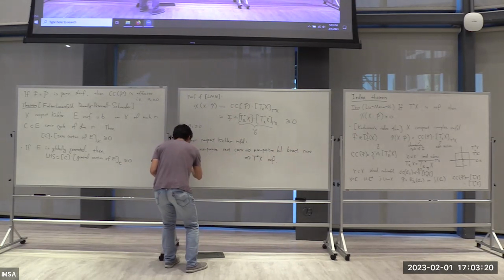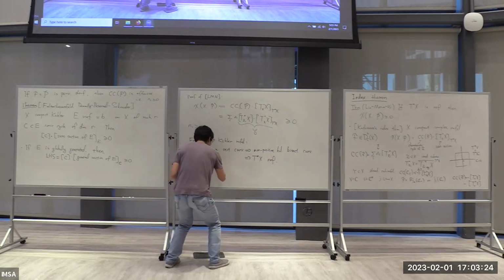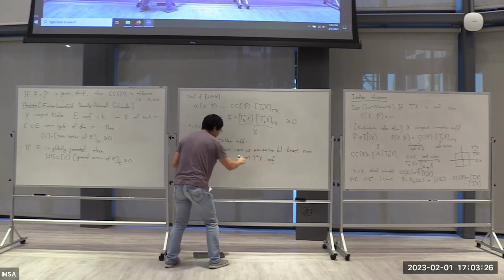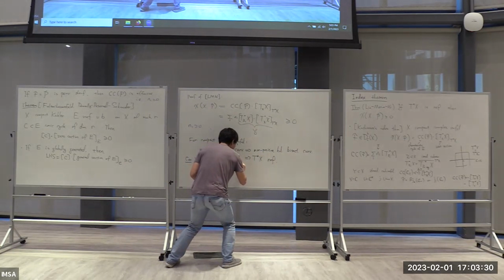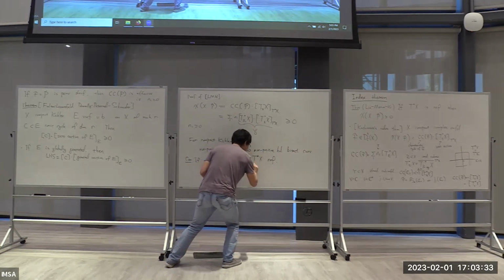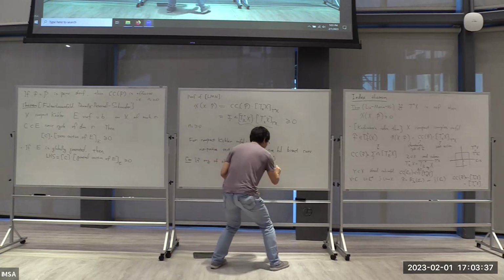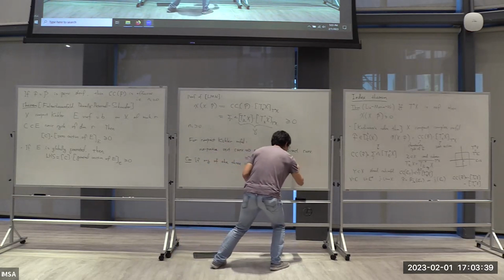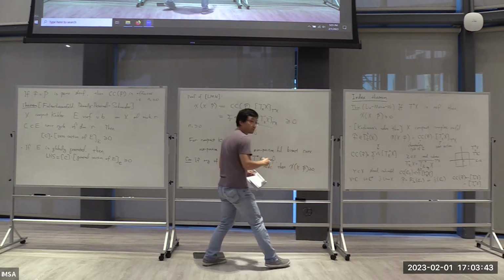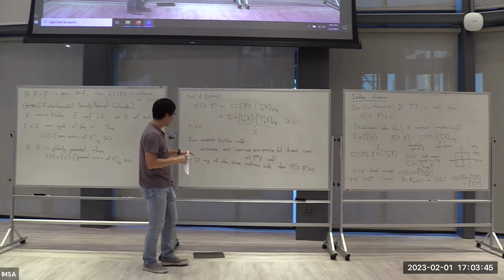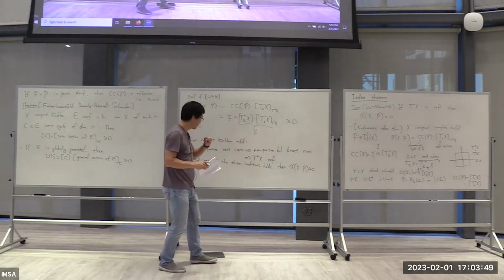So let me write it down as a corollary. The corollary is: if any of the above three conditions holds, then we have this nice Euler characteristic property. Of course, if any of them holds, by these implications, we have it.